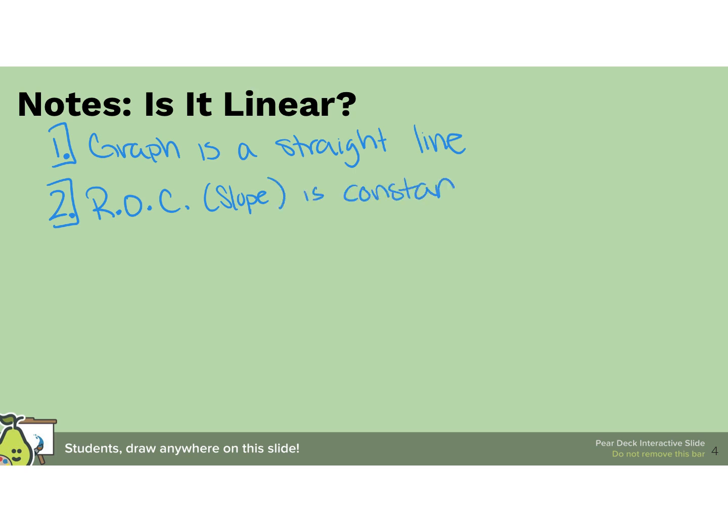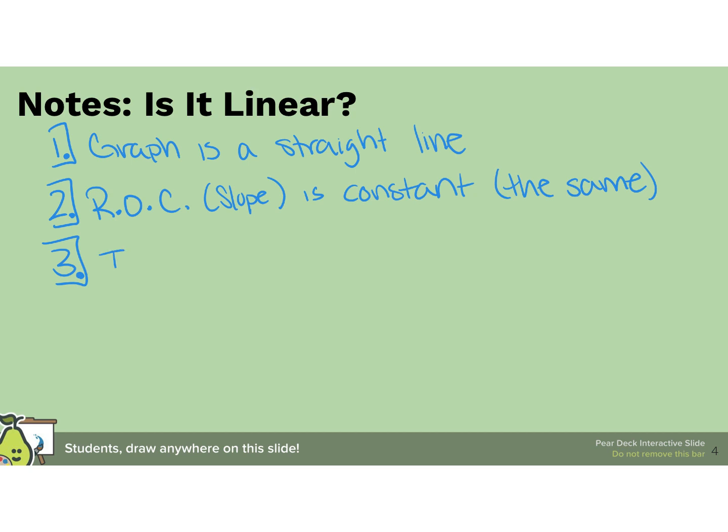If you don't know what constant means, it means the same all the time. Rate of change, like we just found in our think about it, has to be constant, has to be the same. So I'm going to put the same here in case you want to write that down if you don't know what constant means.